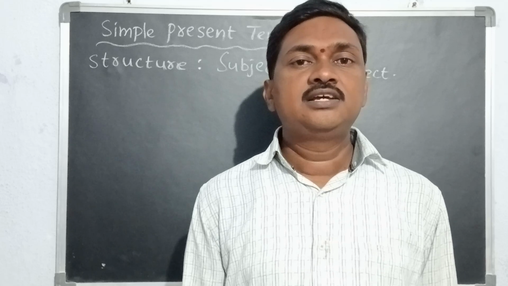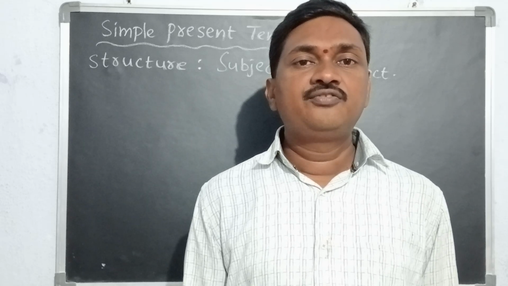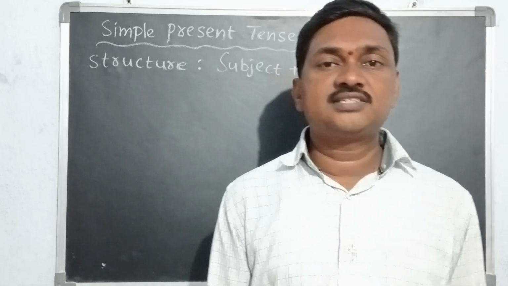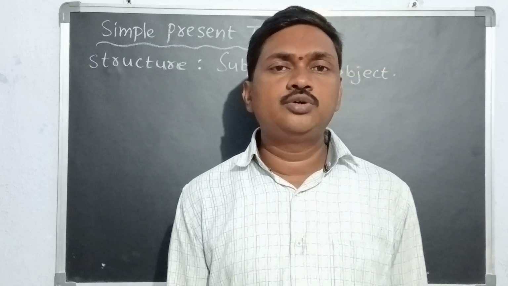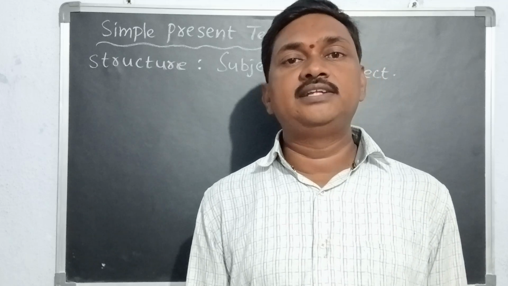In future tense: simple future tense, future continuous tense, future perfect tense and future perfect continuous tense. Now I am going to teach you how to write a sentence in all these 12 tenses.